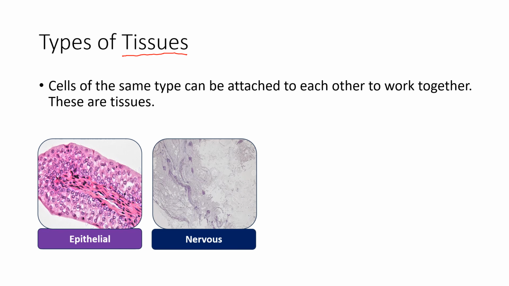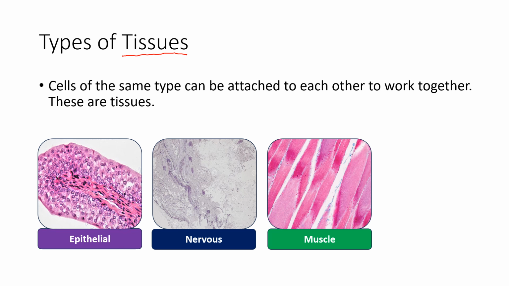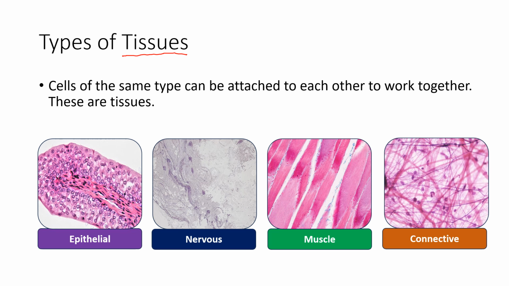Nervous tissue, that you'd find in your brain or spinal cord or any of our sensory organs. Muscle tissue, for contraction and movement, whether internally or to move the whole body from place to place. And connective tissues like bone or cartilage that hold organs to one another and allow them to be held in place.